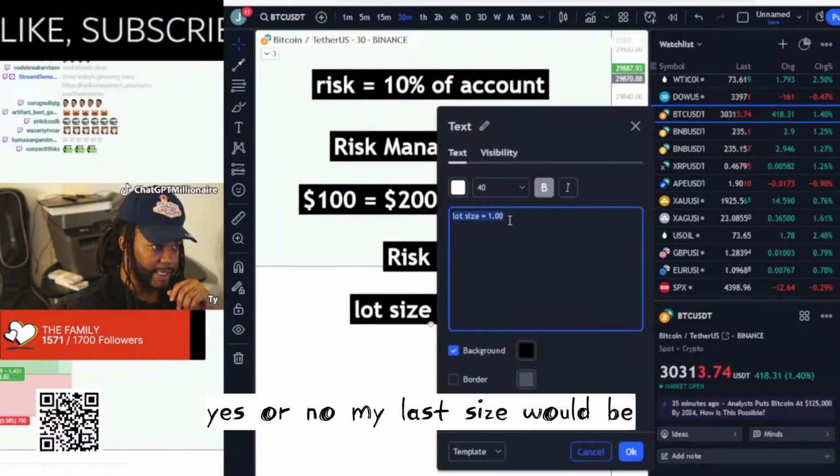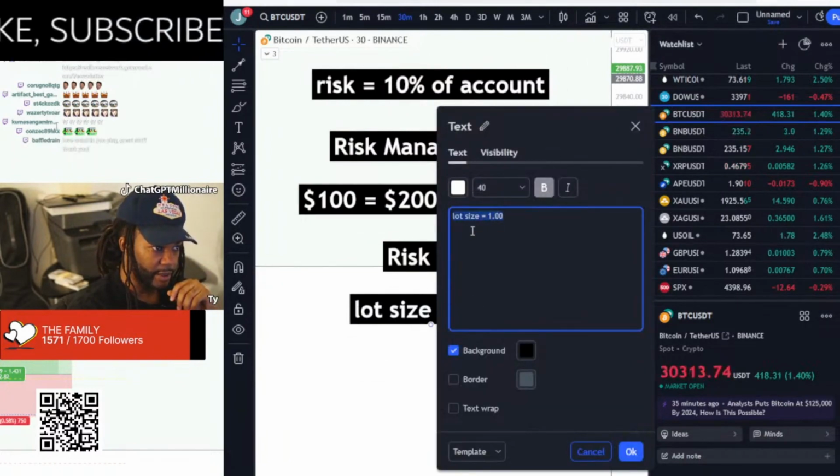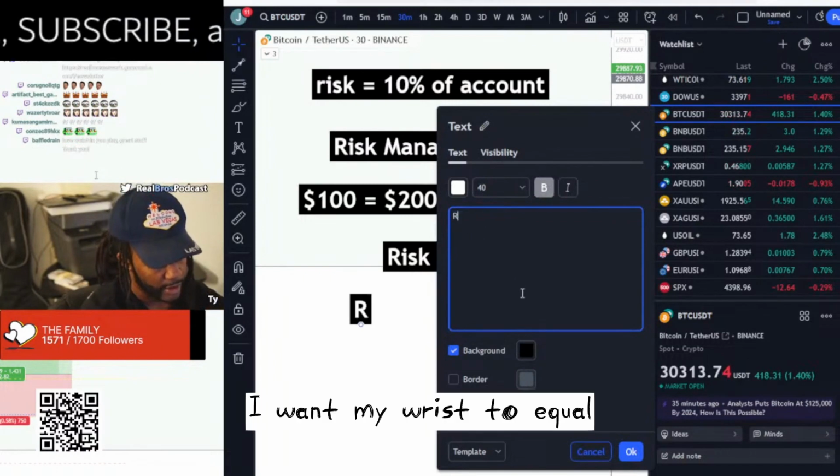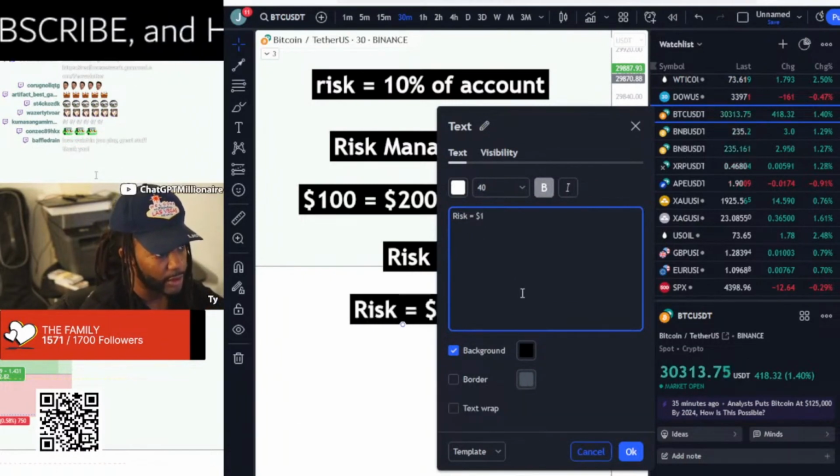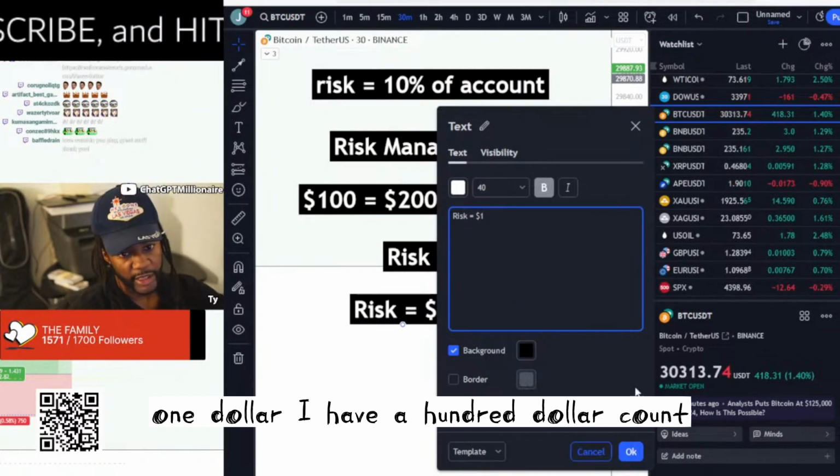So now my lot size would be, let's talk about risk first. I want my risk to equal $1. I have a $100 account.